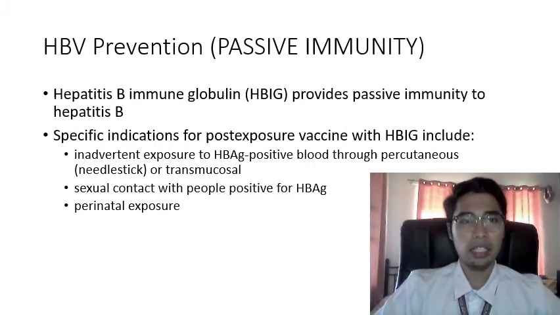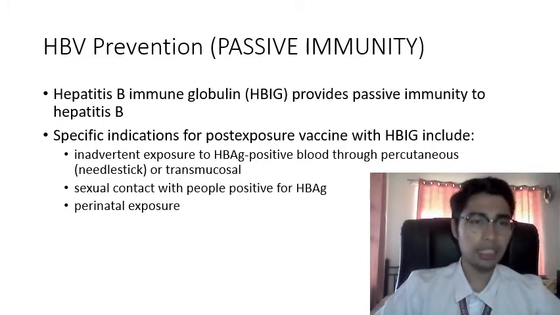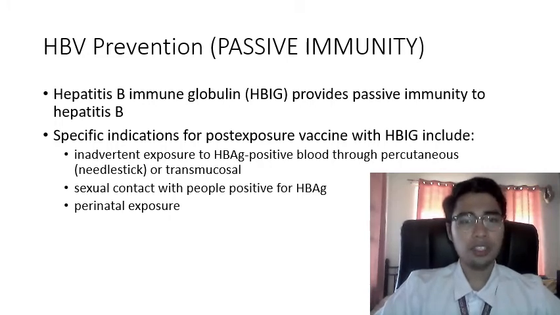Okay, the passive immunity. Hepatitis B immune globulin provides passive immunity to hepatitis B for those who have never received the hepatitis B vaccine. So those who have never received the hepatitis B vaccine, they need this. Specific indications for post-exposure prophylaxis with HBIG or the immunoglobulin include inadvertent exposure to HBsAg-positive blood-containing virus or transmucosal exposure.